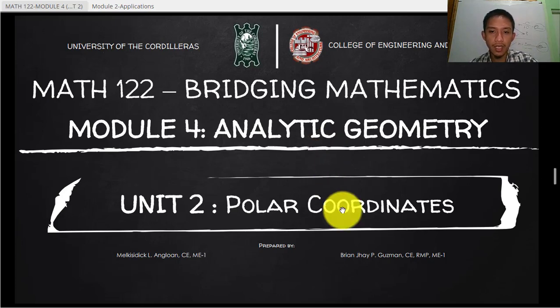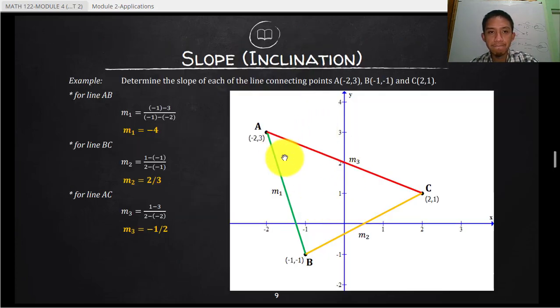Now, this is another type of coordinate. We call this one the polar. Okay, polar coordinate. You might already again encounter this one during your high school, but if not, then we will discuss it here. Polar coordinate is almost the same, only that in your rectangular, you are trying to locate a point by x and y coordinate.